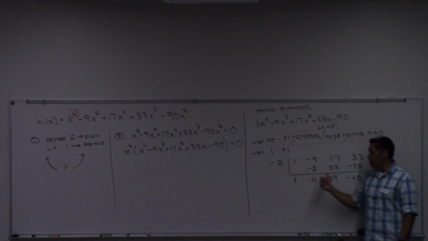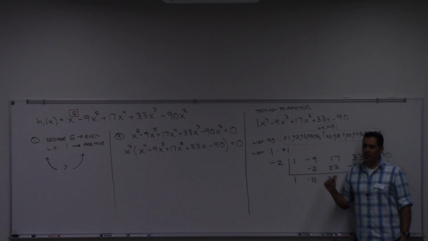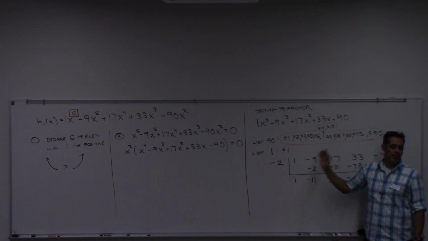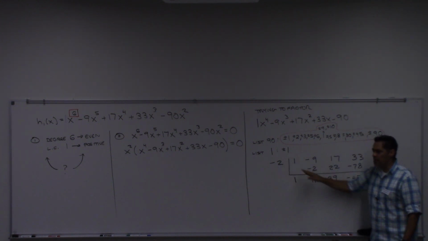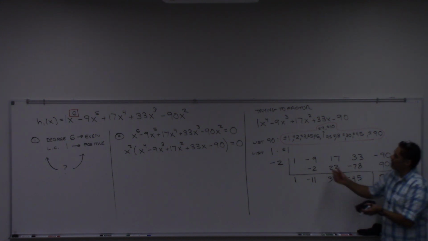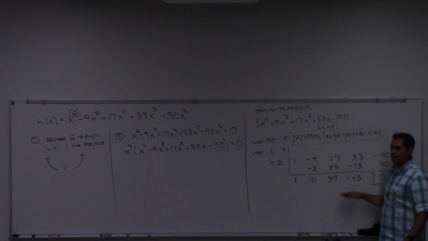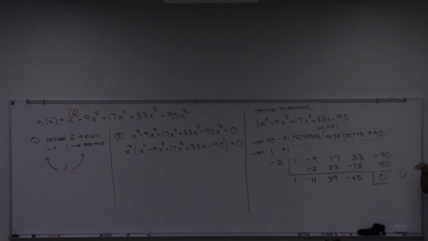Your answer would be, do you remember whatever we got here? It wasn't 0, right? Whatever that answer was is what you would get if you plugged 2 in. You can use synthetic division to plug numbers into polynomials by just putting the number out here, doing synthetic. This answers what you get when you plug in. Instead of using your calculator and doing 2 to the 4th and 2 cubed and screwing up all the signs, you could just do this. It's kind of a cool result of this.